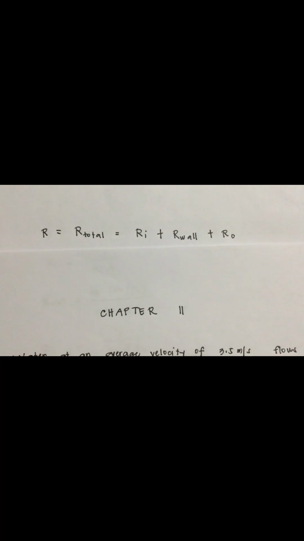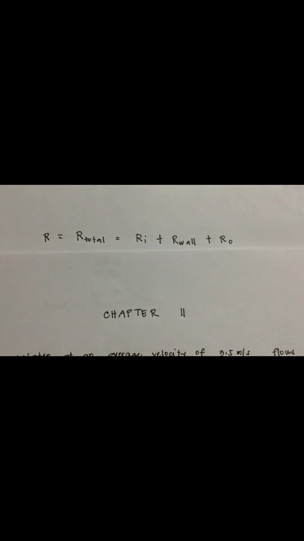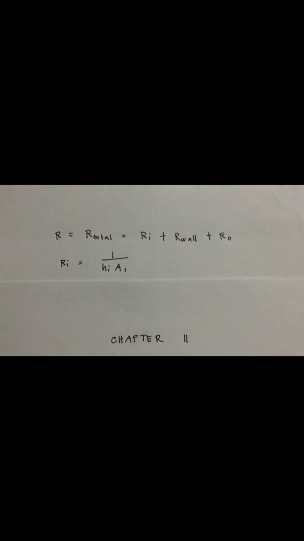So, in our lessons, the reporter gave the equation for this matter. For resistance, we have the total resistance is equal to the inner resistance plus the wall resistance plus the outer resistance. For inner resistance, we have given an equation 1 over the heat convective coefficient times the area, the inner area.